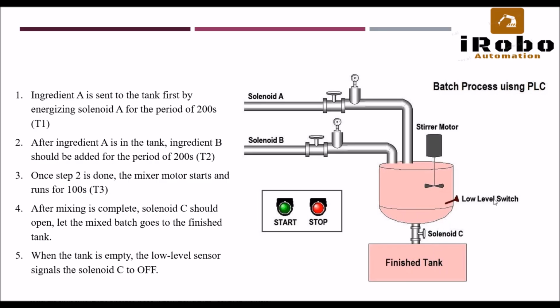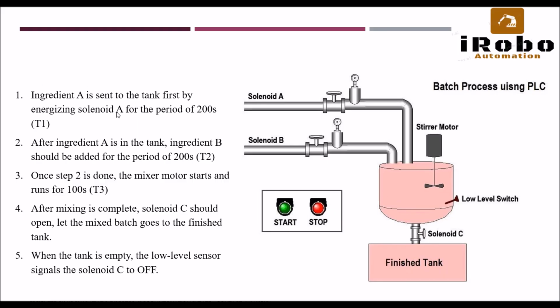There is also one low level sensor to sense the low level condition of the tank. So altogether there is a start button, stop button and low level switch. So 3 inputs and 4 outputs: solenoid A, solenoid B, steering motor, solenoid C. So this is the required operation.